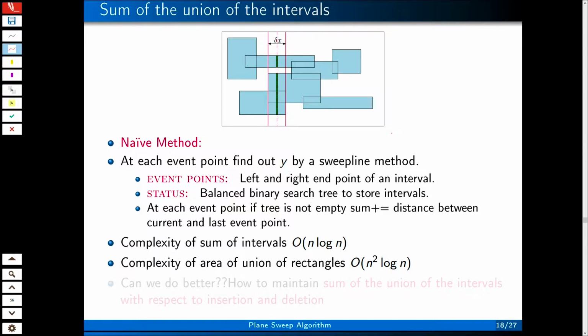Exactly. So what are we doing? We are spending n log n time here. We are spending n log n time here. Next, we are spending n log n time here.